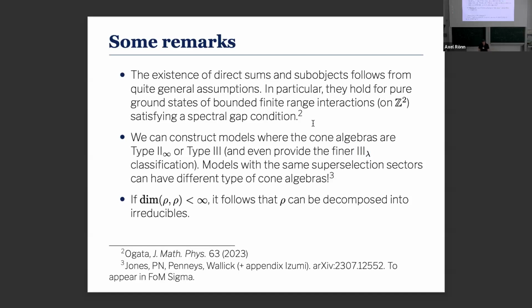Maybe finally, the last thing that I want to say is that if you take some representation rho in a category, and the dimension of the algebra of intertwiners is finite dimensional, then you can always decompose it into irreducibles.